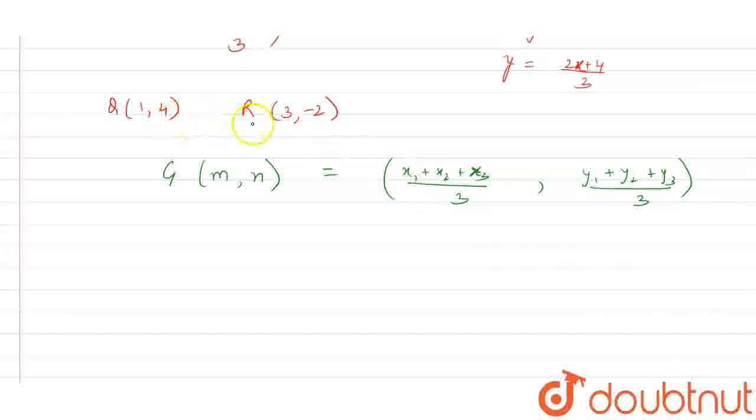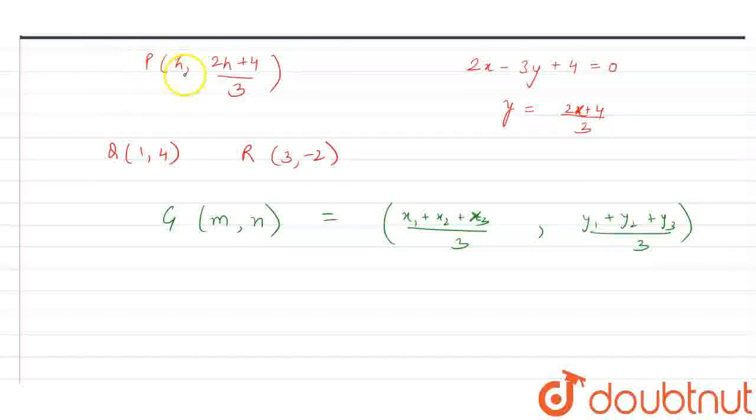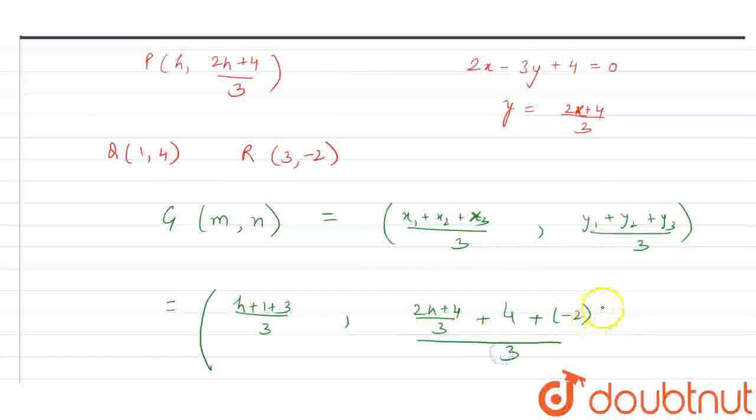So we have all the points P, Q and R. Our x coordinate will be (h plus 1 plus 3) upon 3. I am just putting the values of P, Q, R here. So it will be (h plus 1 plus 3) upon 3 comma. What is the y coordinate? (2h plus 4) upon 3 plus 4 plus minus 2, all upon 3, right?